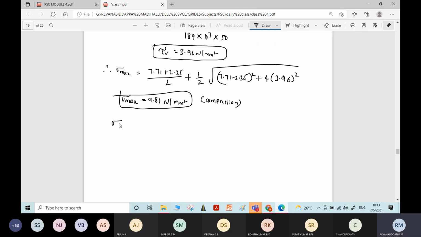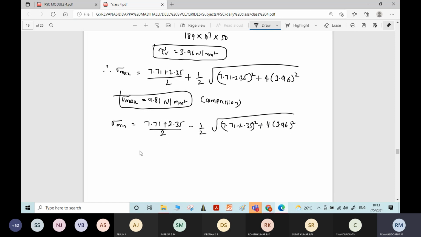And sigma minimum is equal to 7.71 plus 2.35 whole divided by 2 minus half of root 7.71 minus 2.35 whole square plus 4 into 3.96 square.